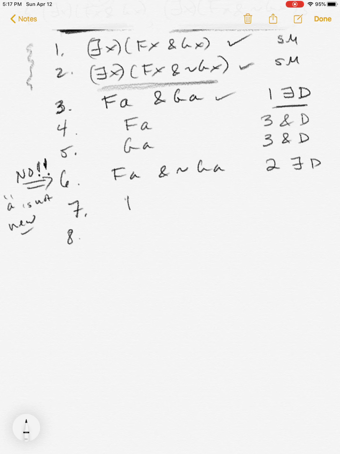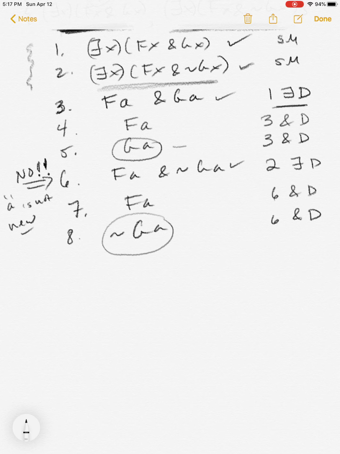And now I'm going to decompose line number 6, and I get FA and not GA, and I get that from 6 by conjunction decomposition. And I say, oh, I've got GA here and not GA here. That's an atomic sentence and the negation of an atomic sentence. These are both literals. I've got an atomic and its negation. It closes.